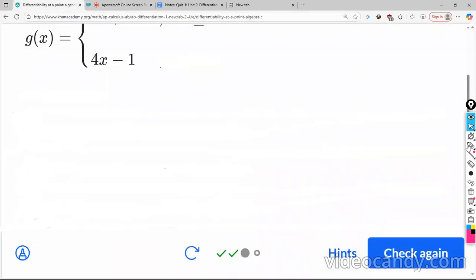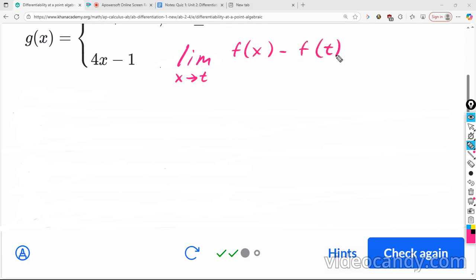Now we have to do the same thing for the other function. I'll write it properly this time. We are doing the limit as x approaches t, and that's going to be f of x minus f of t over x minus t. It's basically change in y over change in x. So for the second piecewise function, f of x is going to be 4x minus 1.